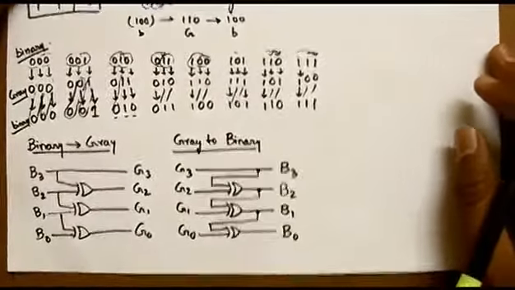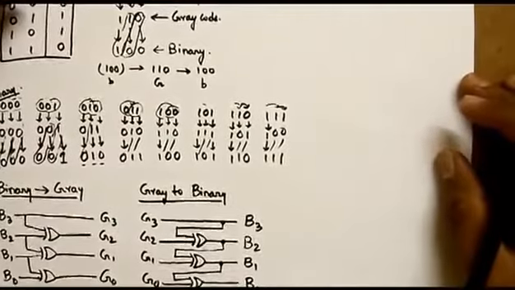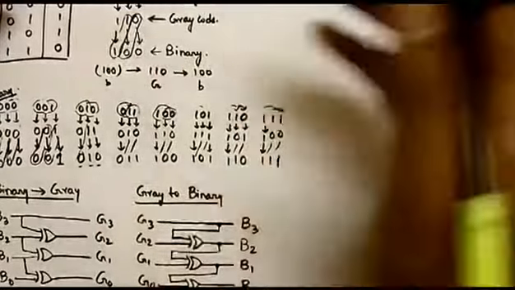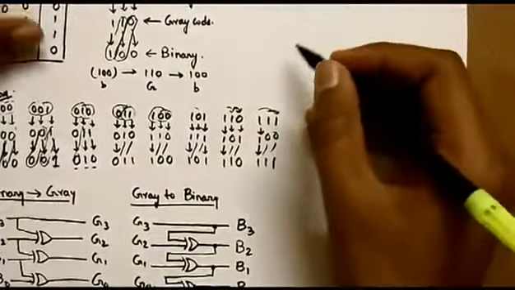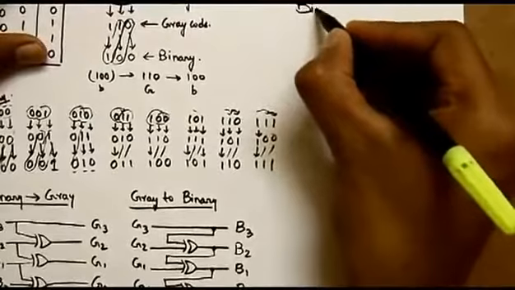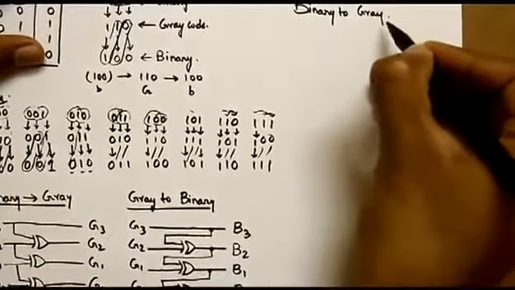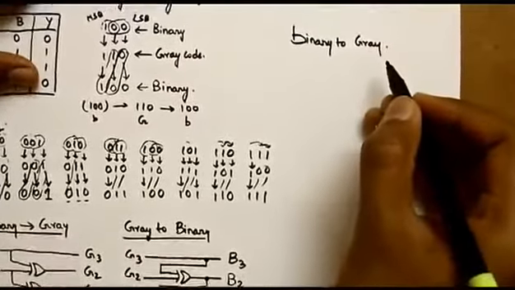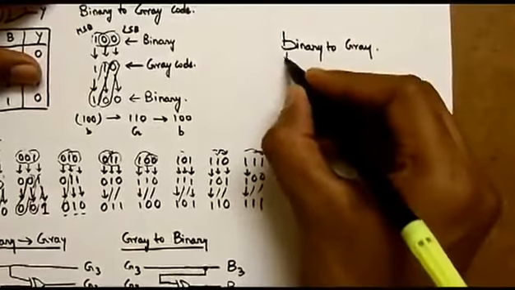Alright, now I'll give you people a tip. Many times even I forget which one is horizontal, which one is diagonal, or something like this. So I'll give you a tip. Binary to gray, right? You remember this B, first B?